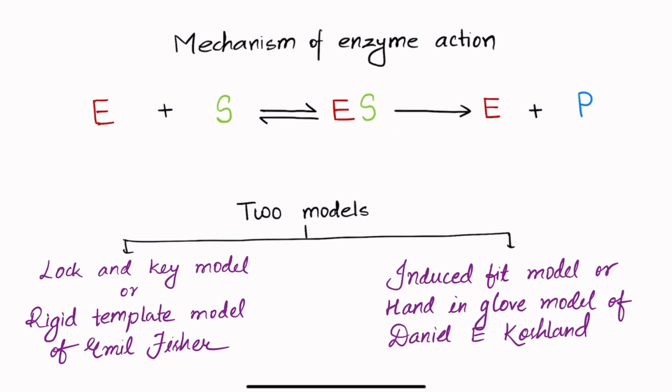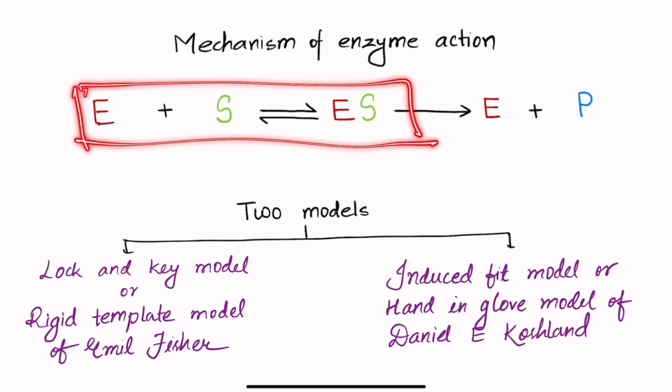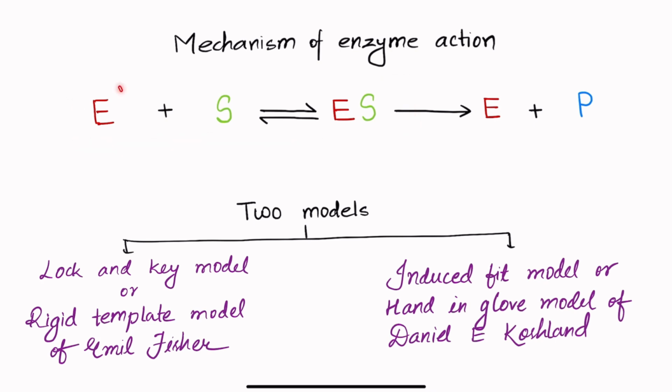The mechanism of enzyme action depends on this first reaction. That is, on the basis of how the enzyme binds with the substrate to form enzyme substrate complex, there have been proposed two models explaining mechanism of enzyme action. And these two models are number one, lock and key model, which is also called a rigid template model, and it has been proposed by Emil Fischer.